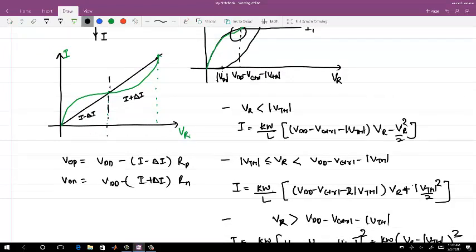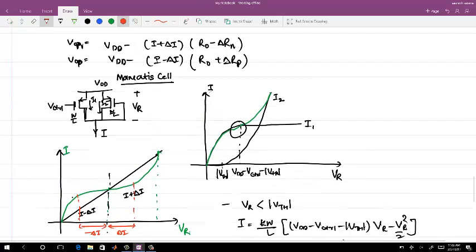Now you work out the incremental resistance. Let's say you go to minus delta I and plus delta I, and you find the incremental resistance at both places. You will find they are the same.